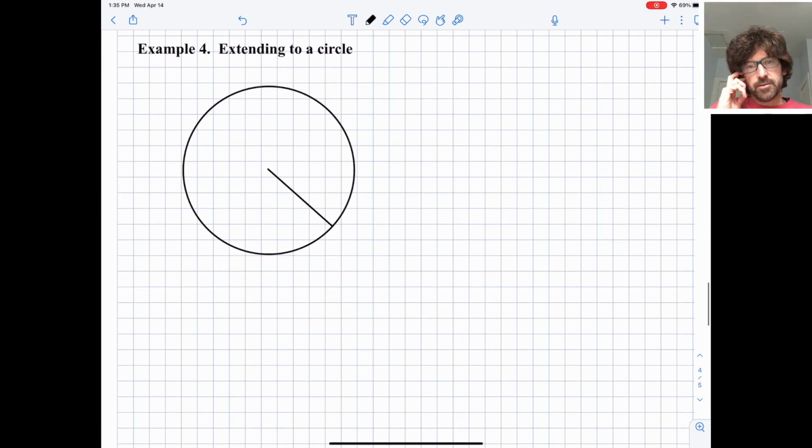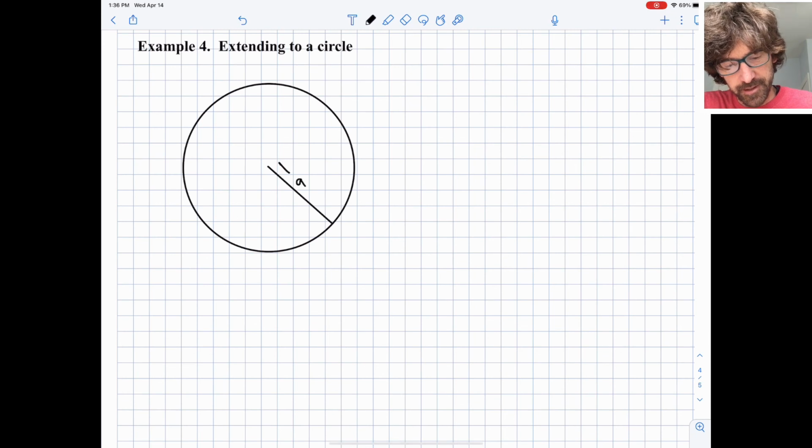All right, let's extend it to a circle. And I hope you can see maybe that the radius and the apothem, as we get more and more sides on a regular polygon, approach each other in length. And then once we have infinite sides to a regular polygon, that's called a circle, the radius and the apothem would be equivalent. So we could call this the apothem of a circle.